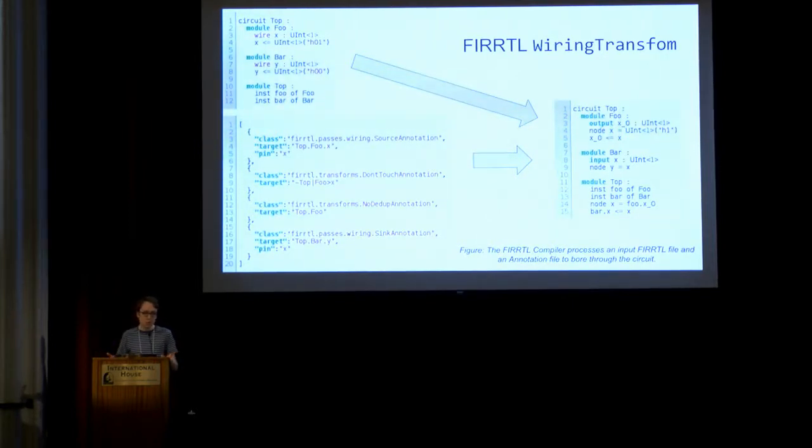I look at the circuit and figure out the least common ancestor between these two components. Well, that's top. I'm then going to drill up from foo into top and then down into bar. There are also some additional annotations related to don't touch. All this says is that foo.x is not driving anything, so don't delete it, I really do need it. And there's also some stuff related to deduplication, but just ignore that for the time being.